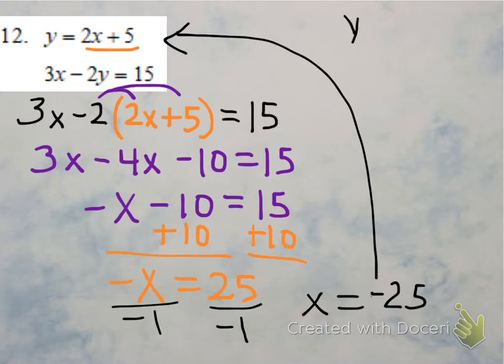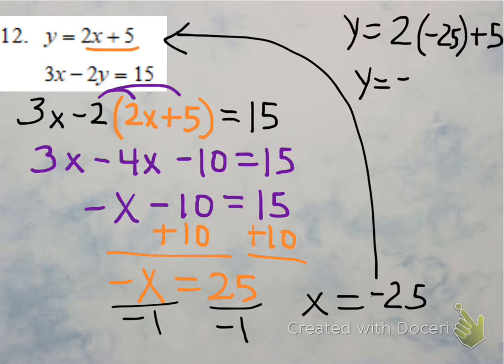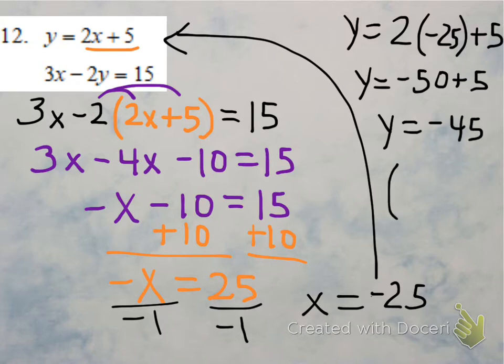So we have y equals 2, and then instead of x, we'll put negative 25, and then plus 5. Multiply, you get negative 50. Negative 50 plus 5 gives us negative 45 for the y value. Put it together as an ordered pair, x, then y.